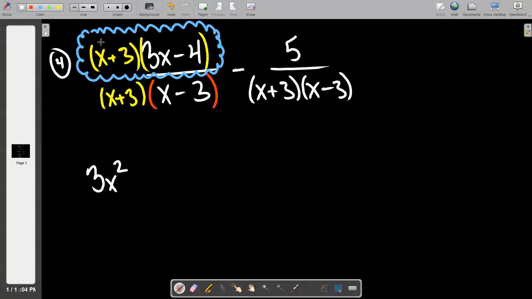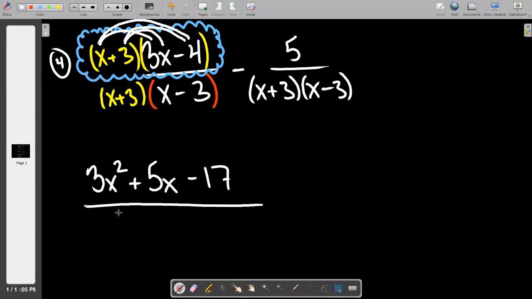So x times 3x is 3x squared. What's x times negative 4? What's 3 times 3x? And what's negative 4x plus 9x? 5x. And what's 3 times negative 4? Negative 12.